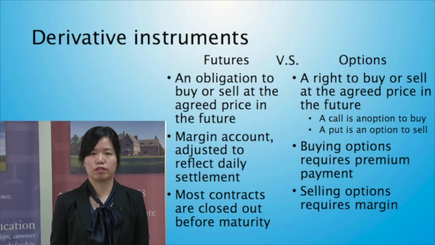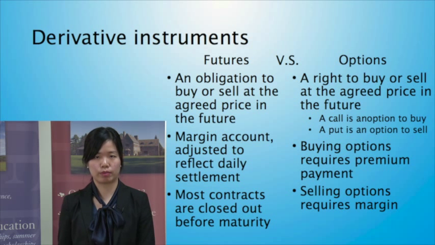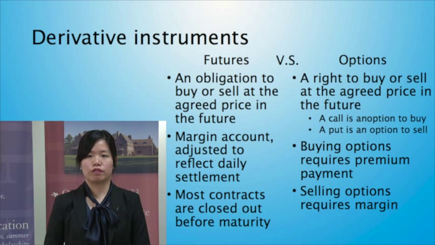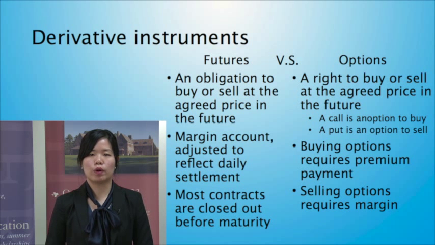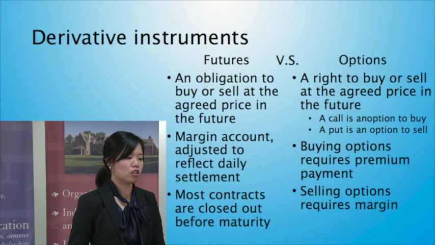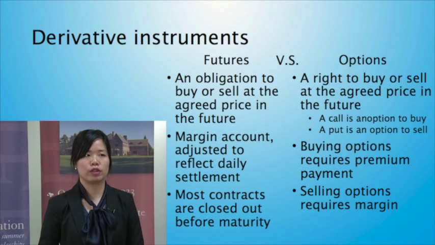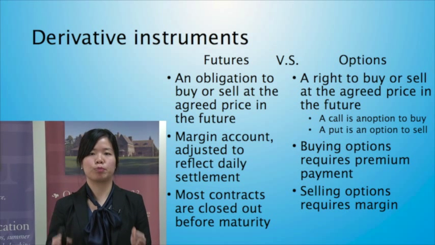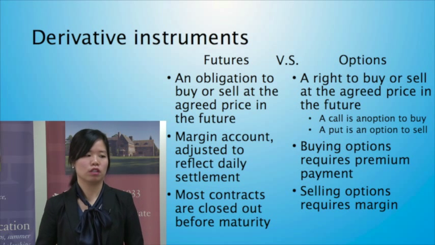Nobody knows for sure now what the future price is going to be, right? So for futures contracts, you will have to have a margin account, okay? The margin account is usually about 70% of your contract value. You have to put down your money in the account.